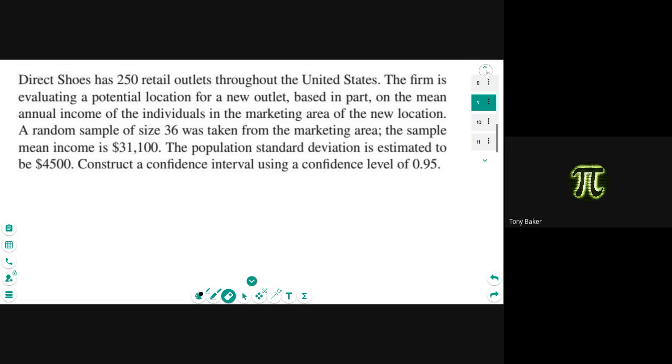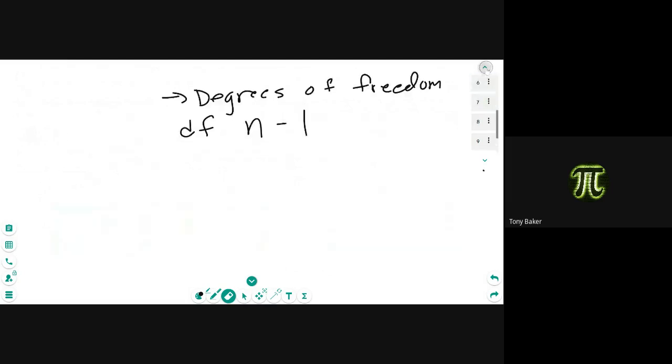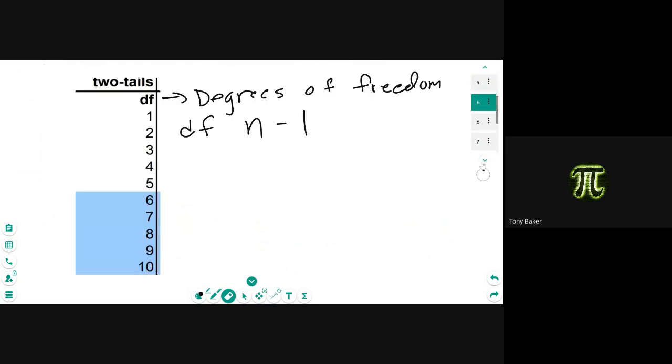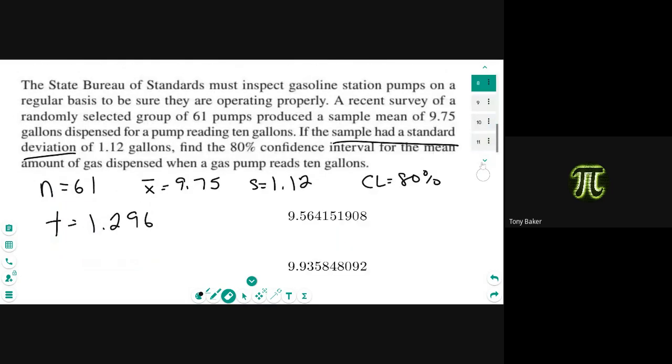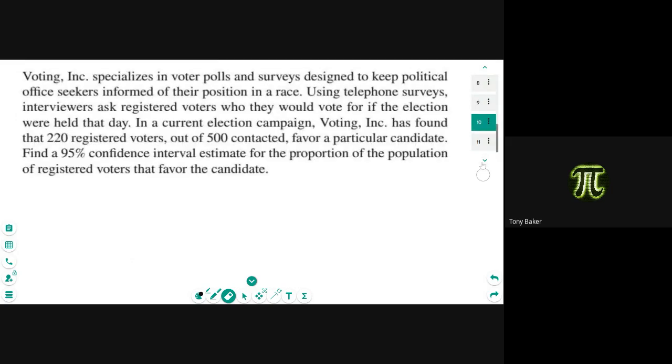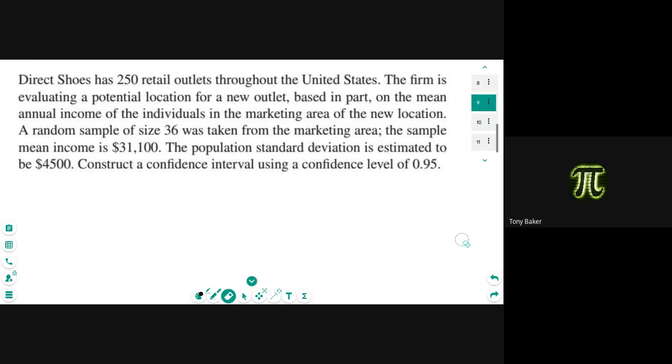Hold on a second. I'm missing a problem. What are you doing? I'm missing a problem. It's okay. It's fine. Do this one. I thought one of my problems got moved, but it's not the end of the world. It's fine.